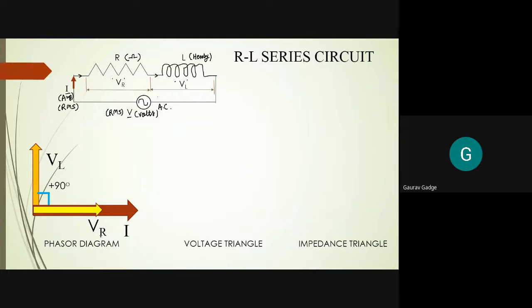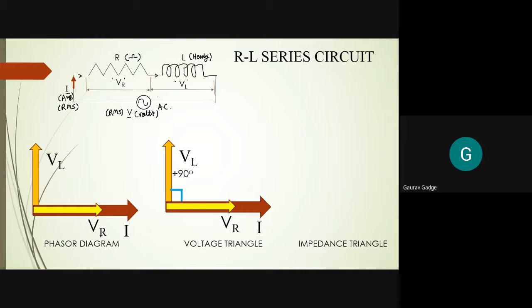But before that, just see this animation. VR is in phase with current. VL leads current by an angle of 90 degrees. Right? Now, as I have to make a triangle, I just shift the position of VL. Still VL is perpendicular to VR, or we can say VL is perpendicular to the reference phasor.